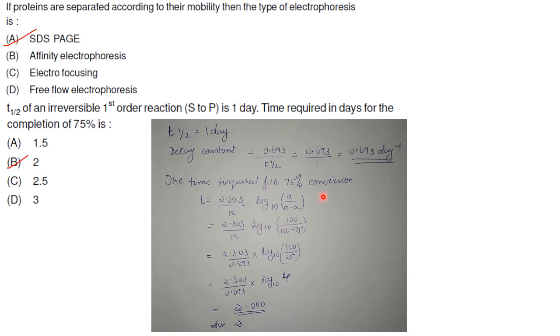The time required for 75% conversion is given by t = 2.303/k log10 (a/(a-x)). Upon substitution and solving, you will get the answer as option 2. So the answer here is option B, that is 2.